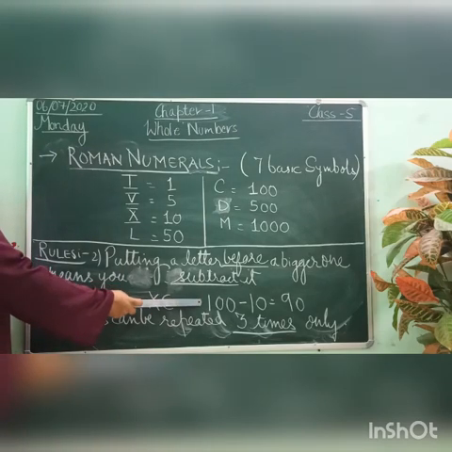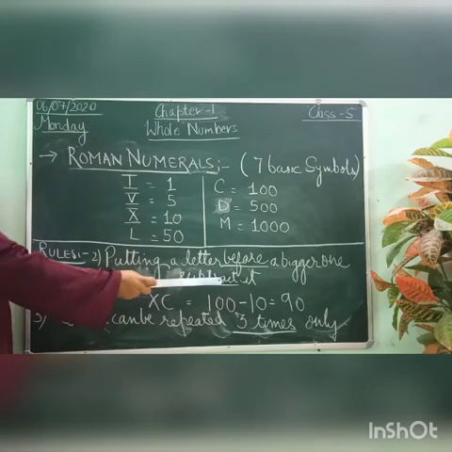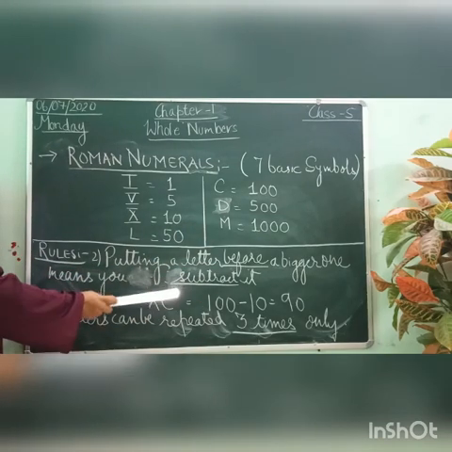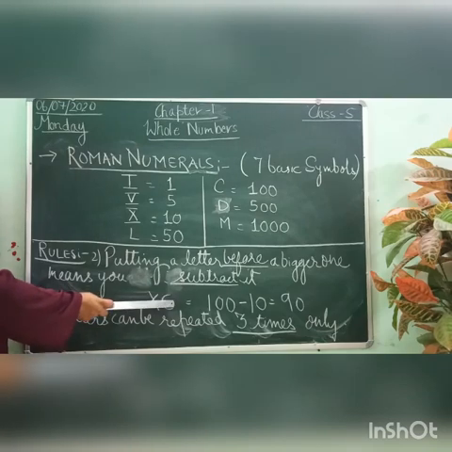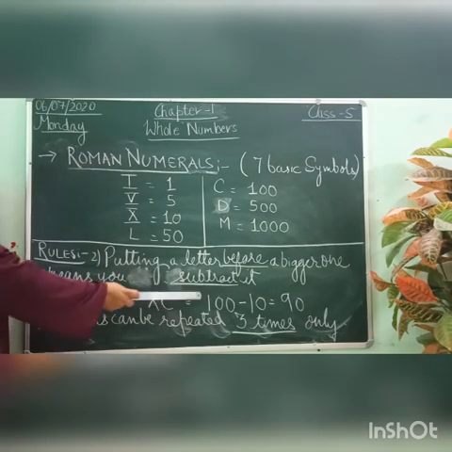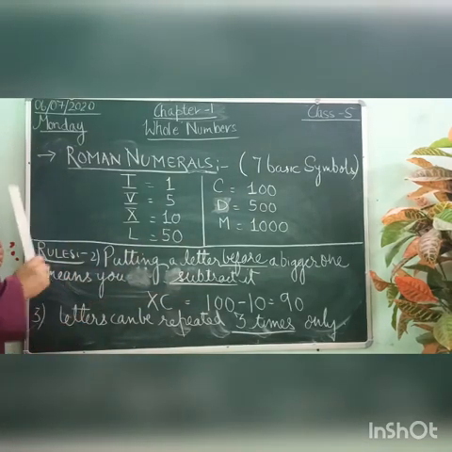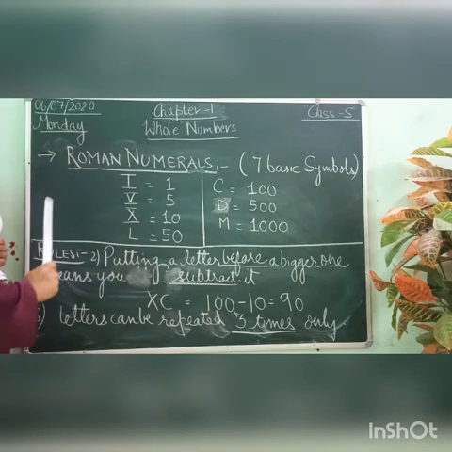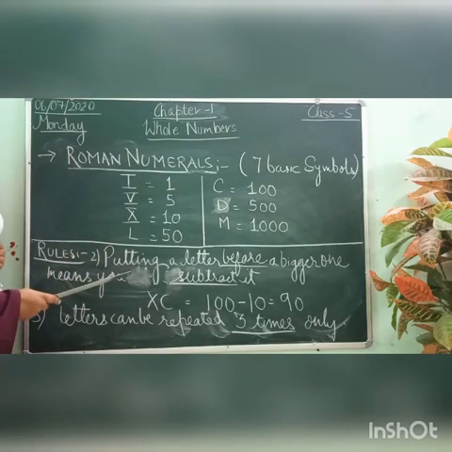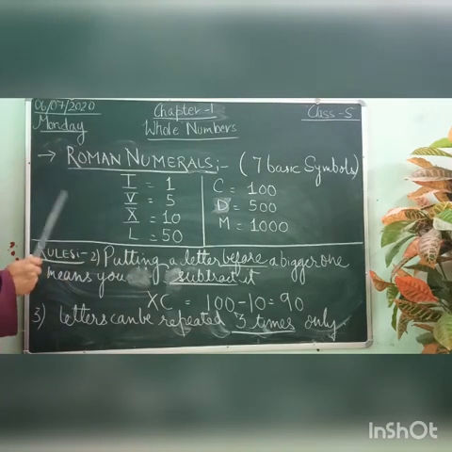That means 100 minus 10 will be 90. If you write X after the bigger one, C and X, it will be 100 plus 10, which is 110. Did you get it? If you are writing a smaller unit after the bigger unit, you want to add it. If you are writing a smaller unit before the bigger unit, you are subtracting. These are the two basic points.